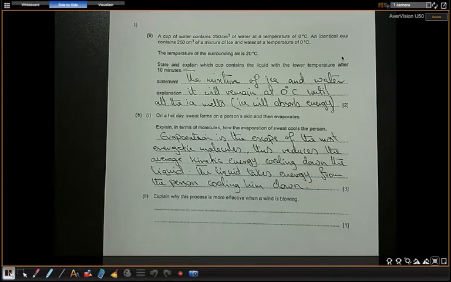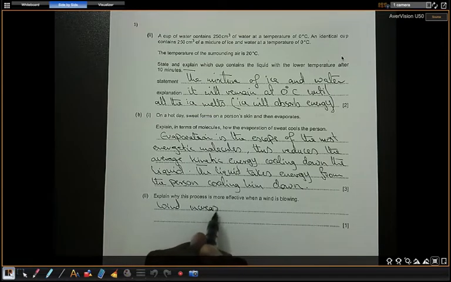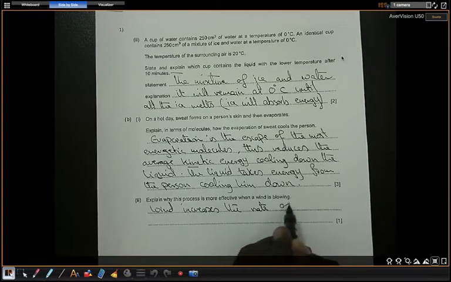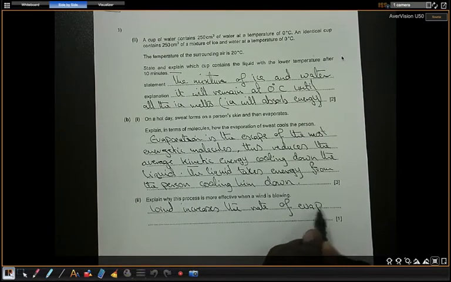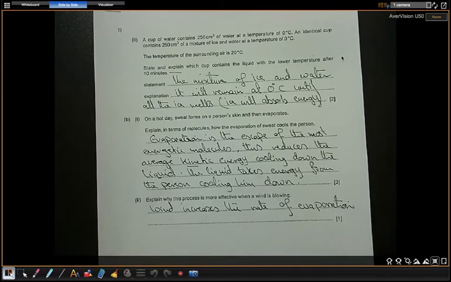Alright, then you get the 3 marks here. Explain why this process is more effective when a wind is blowing. Don't beat around the bush. Just directly say wind increases the rate of evaporation. Alright, and this ends the first page.